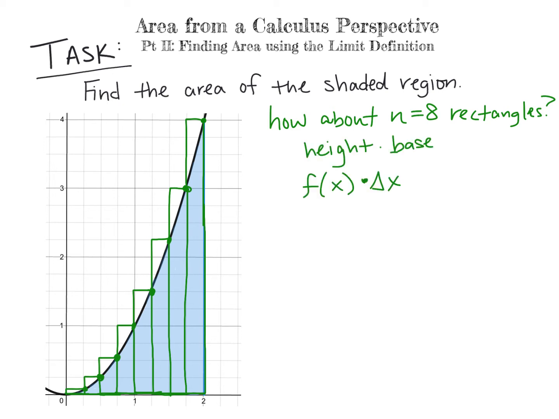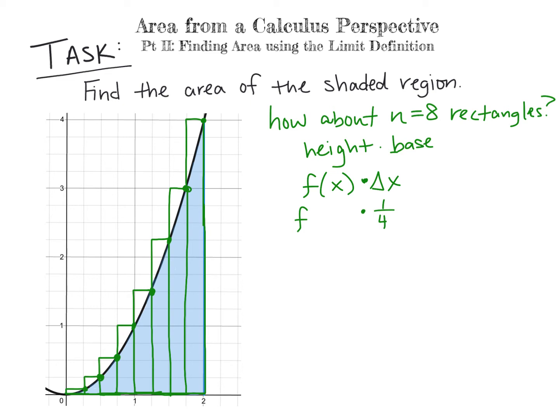Once again, we're going to use height times base and sum these 8 areas together. Now the base is consistent for each of these 8 rectangles. This time our base is 1/4. That is because this entire length, 2, found by taking 2 minus 0, is divided by 8 this time. So 2 divided by 8 is 1/4.